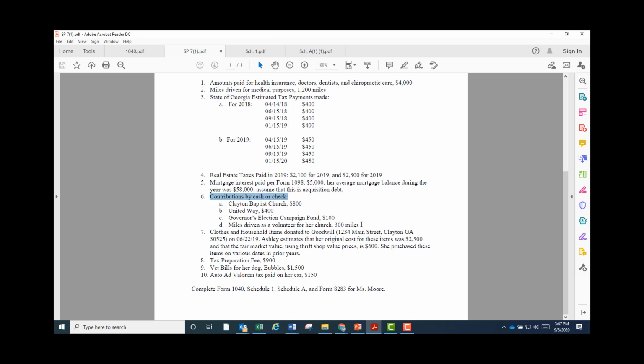Yes. It would be counted as 14 cents per mile times 300 miles. That would equal how much? $42. So 42 plus 400 plus 800. That comes out to 1,240. Let's report that.